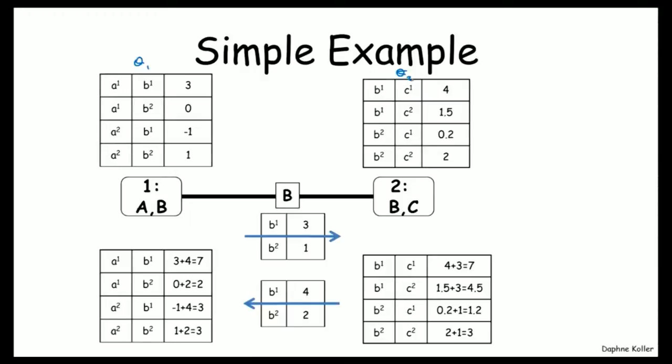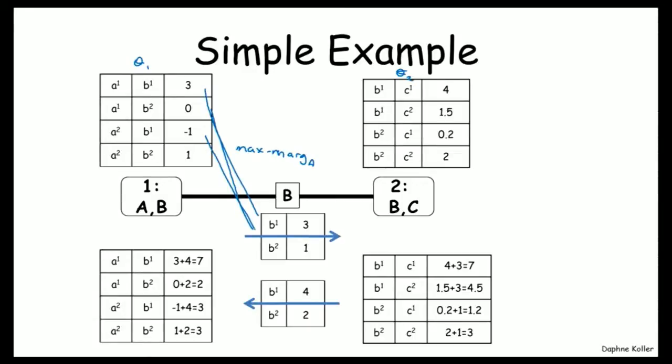So here was my A, B. It passes a message to BC, and that message is the max marginalization over the variable A. We can see that here we have a max between 3 and -1, so we get 3, because this is the max over the 2 values of A that are consistent with B1.